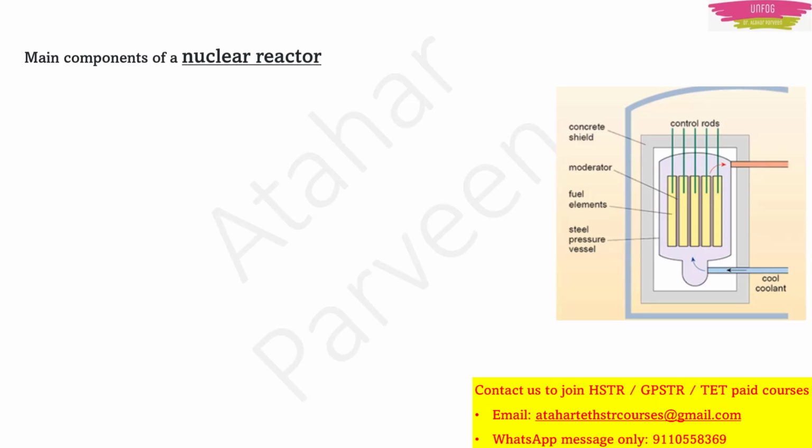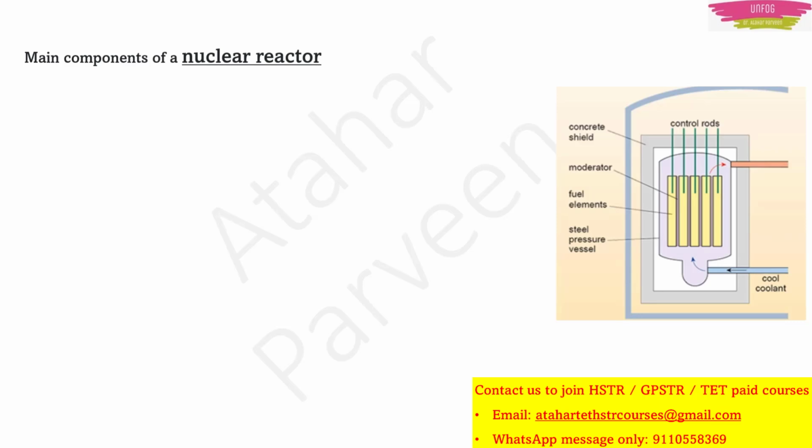See, we now know that in a nuclear reactor, a nuclear chain reaction is going on. Now it has a few components. I am not going to discuss all components, only 3 or 4 main components here. I have displayed the figure also here, and this figure is not complete.